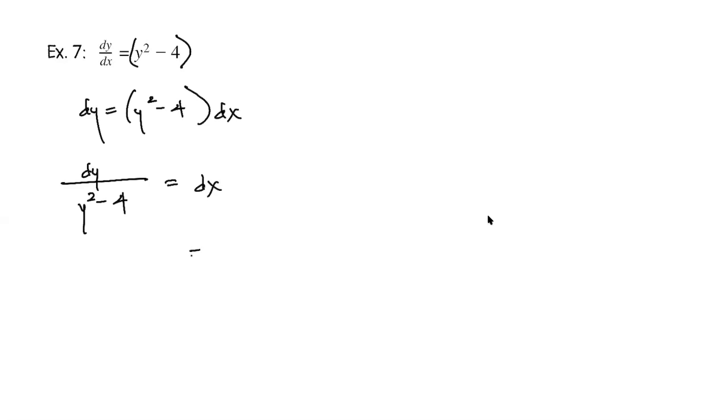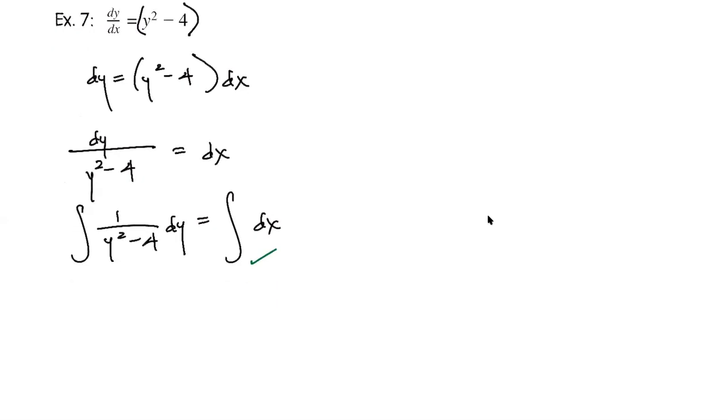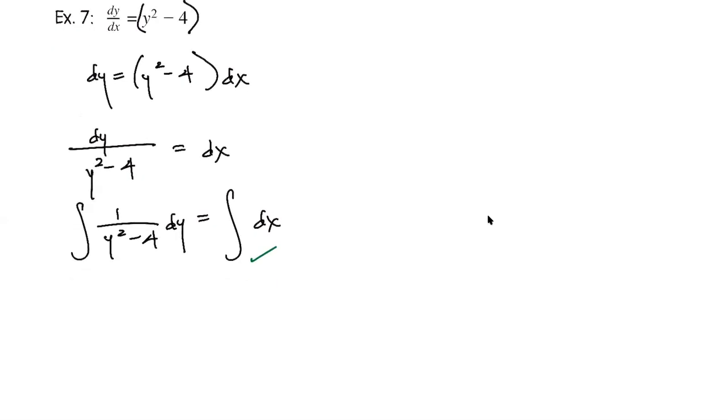Now, when I integrate dx, what do I get? X. Yeah. So this side, really straightforward, right? When we integrate 1 over y squared minus 4 dy, what techniques might come in handy? Second.